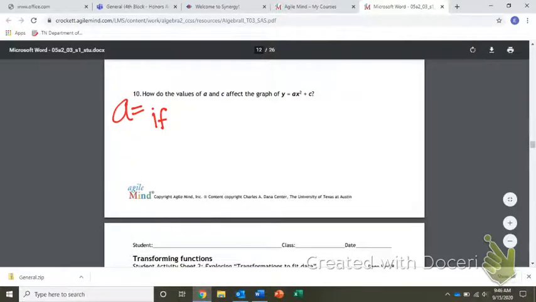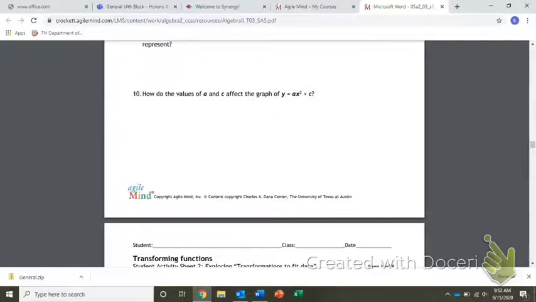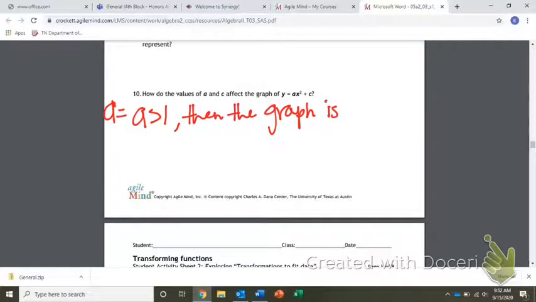All right, I'm going back to red. And next one is if A is greater than 1, then the graph is more narrow than x squared.